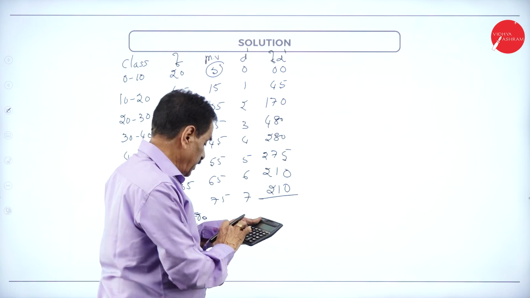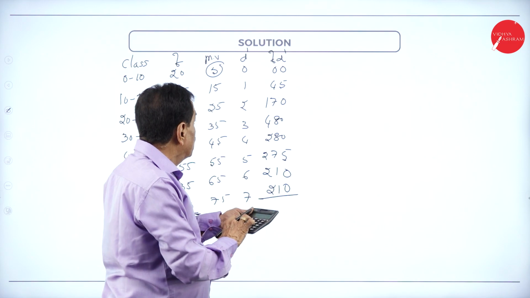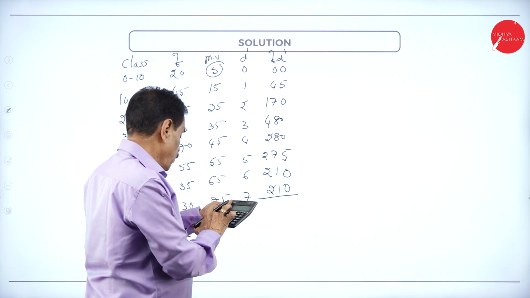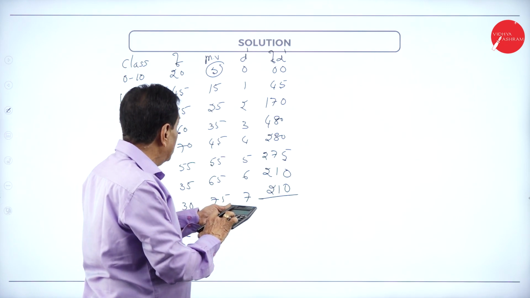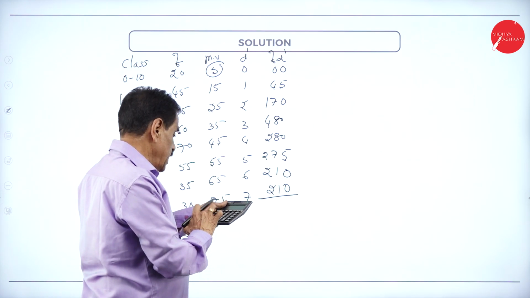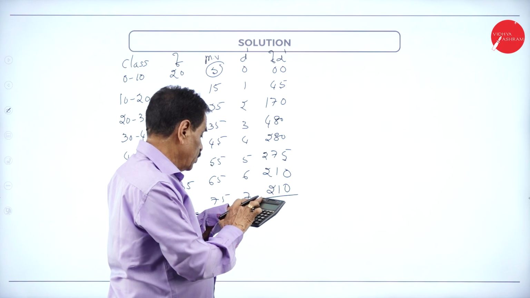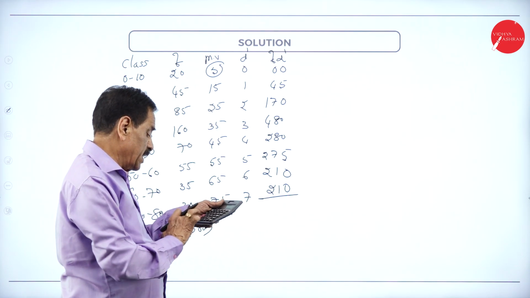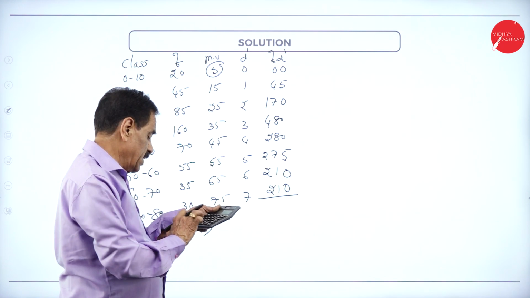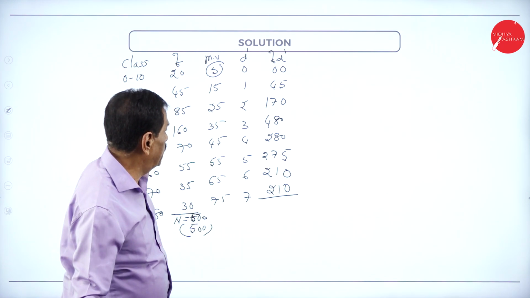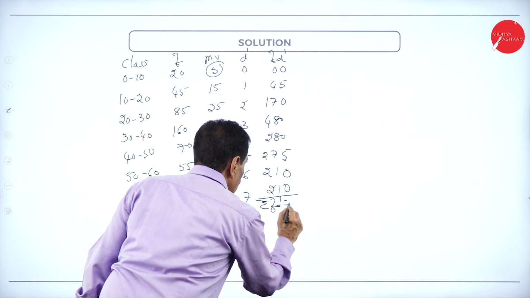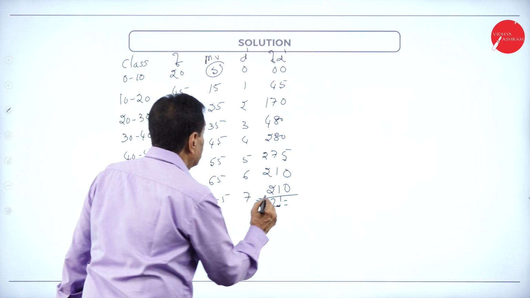Add the figures: 45 plus 170 plus 480 plus 280 plus 275 plus 210 plus 210 is 1670. Summation sigma ft dash is 1670.